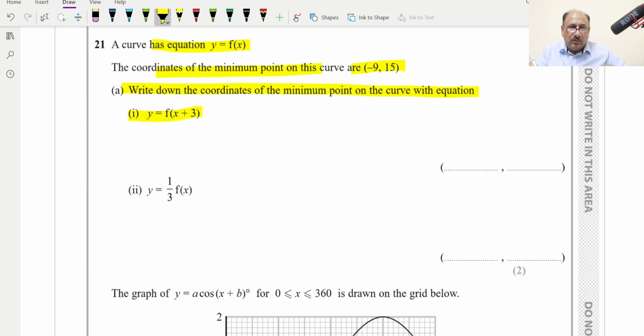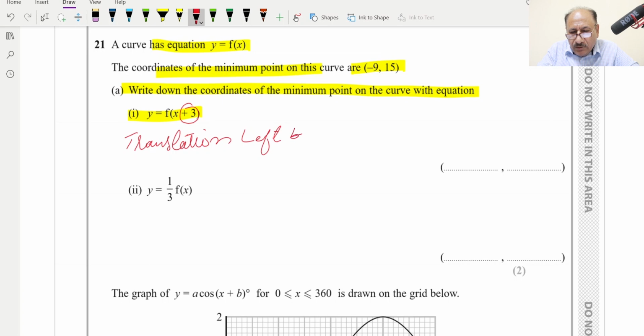So this is showing, this will be translation 3 units to the left, because it is plus 3, so it will be translation 3 units left. So I will write here, it will be translation left by 3 units.